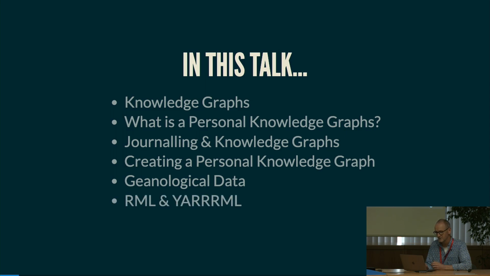I'll explain how. And I'm going to talk about RML, which is the RDF mapping language, and YARML, which is a YAML version of RML, which makes life a bit easier. And then I'll talk a little bit about what this might lead to in the future, what possibilities it opens up.